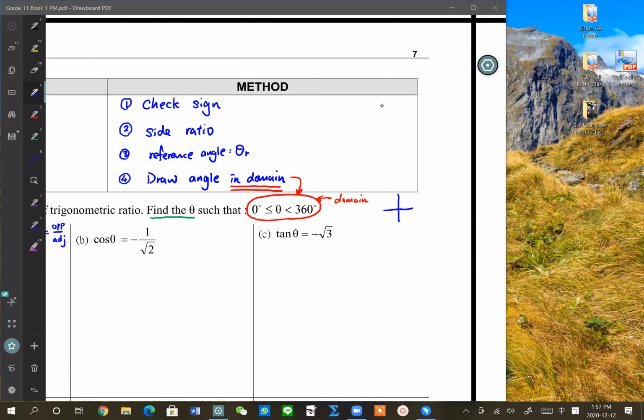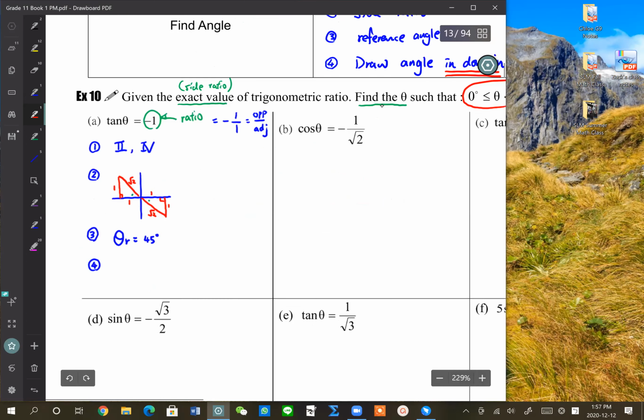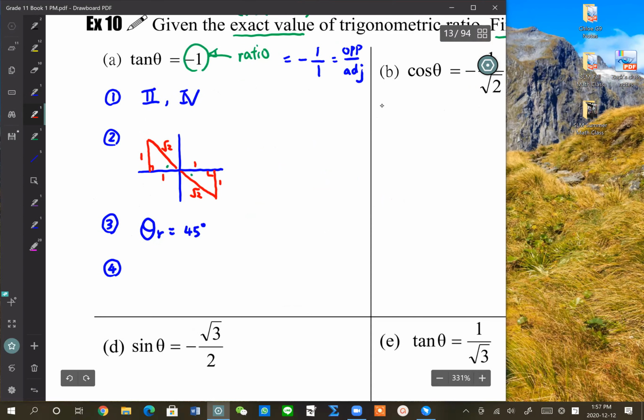0 to 360 means you start from the positive x-axis and you turn in one circle, right? That's 360 degree. So you want to find all the angles that are within the one circle, right? So you look at this picture, the first angle we are going to find is this one.